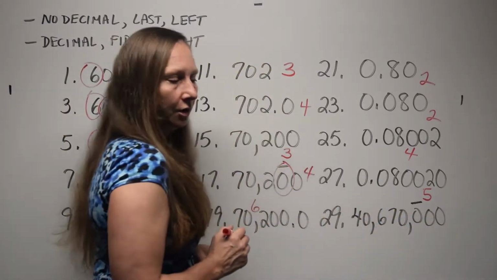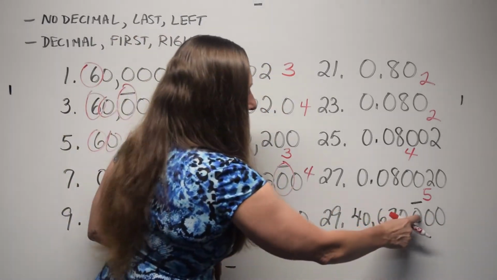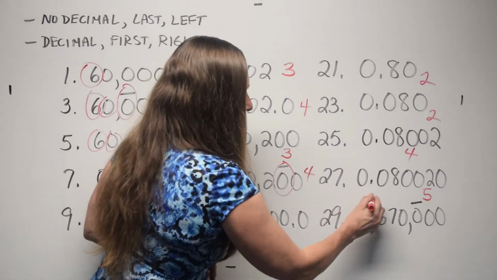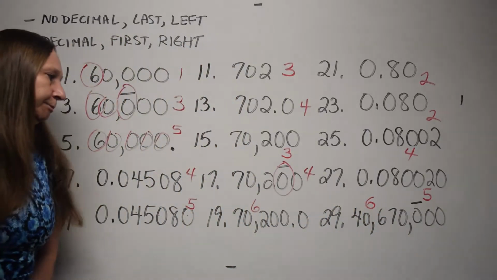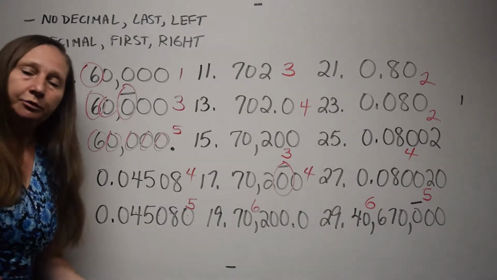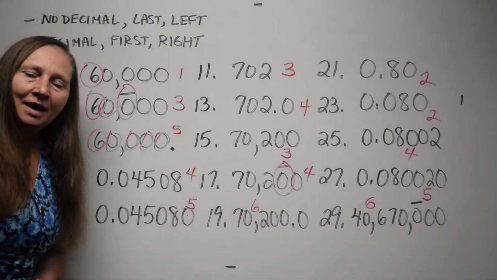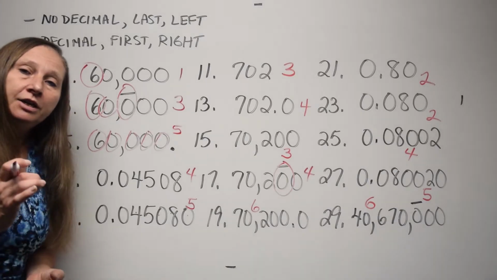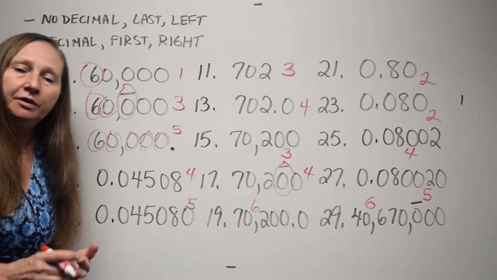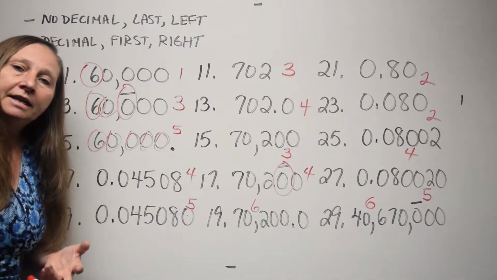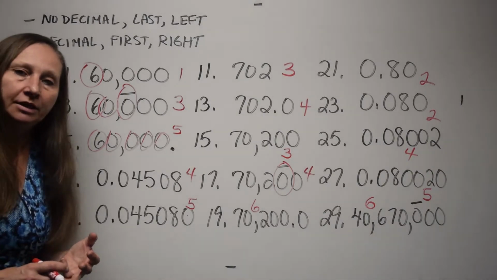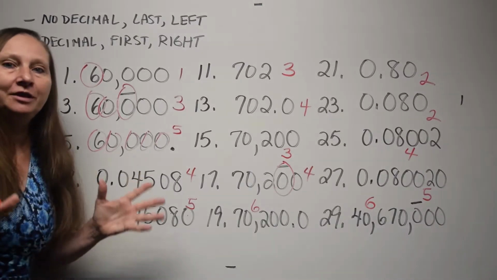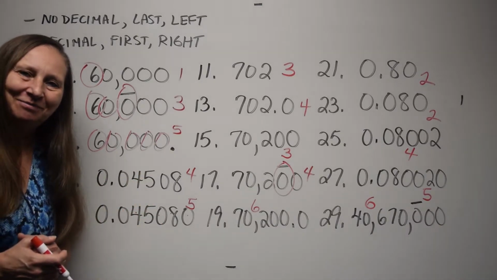No decimal, last and to the left, 1, 2, 3, 4, 5, 6 significant figures. Do some more practice, okay? And what we're going to continue with is the relationship between significant figures and scientific notation, and then counted numbers and defined quantities. That'll be everything you need to know about significant figures.